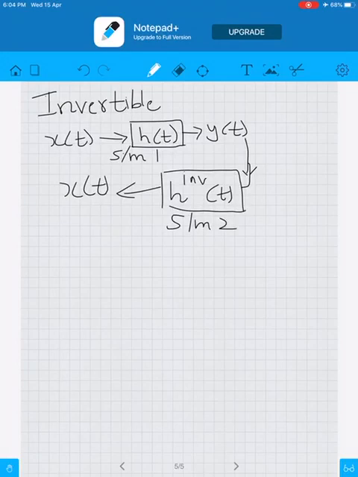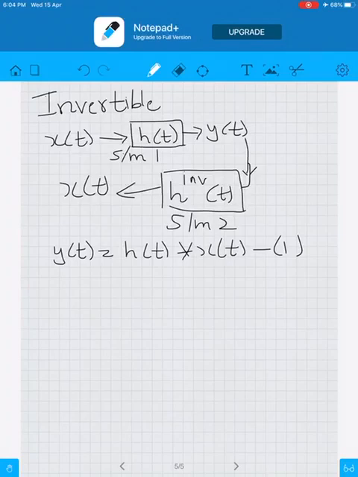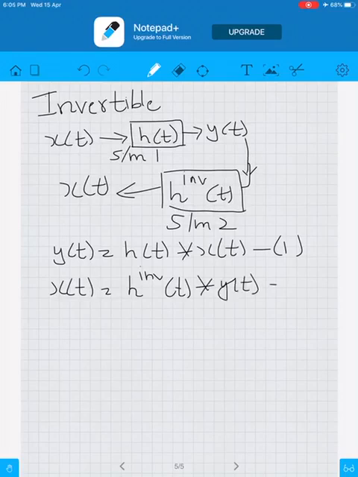Okay, now let us obtain the mathematical condition for this. From the first arrangement, y of t is equal to h of t convolve with x of t. Let me call it equation 1. And for the second arrangement, x of t is equal to h inverse of t convolve with y of t. Equation 2.